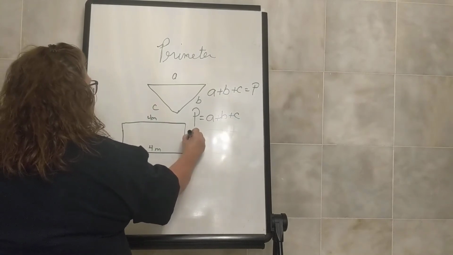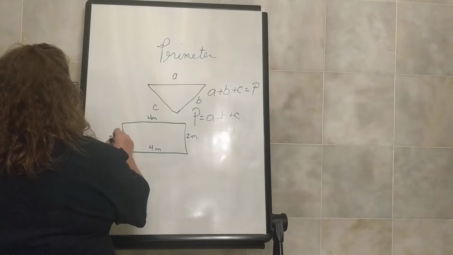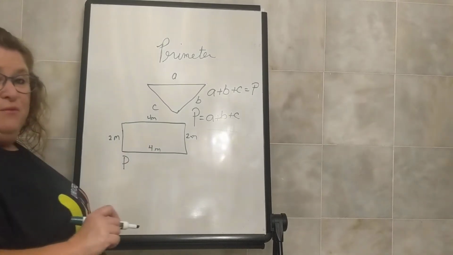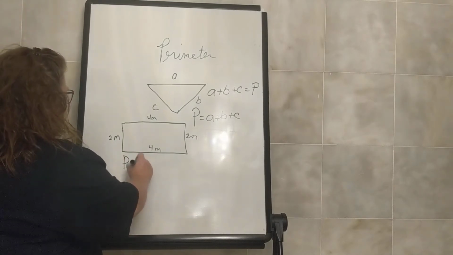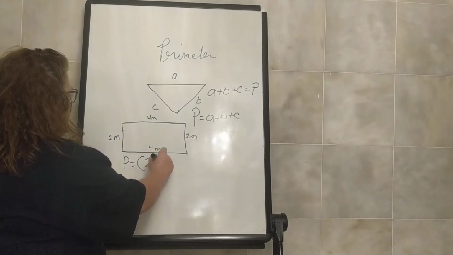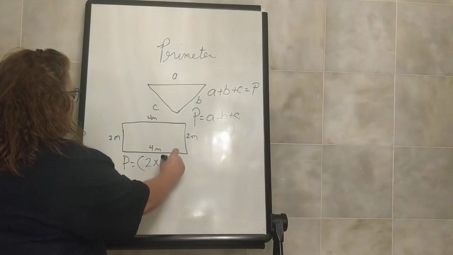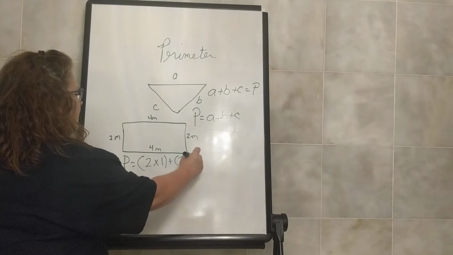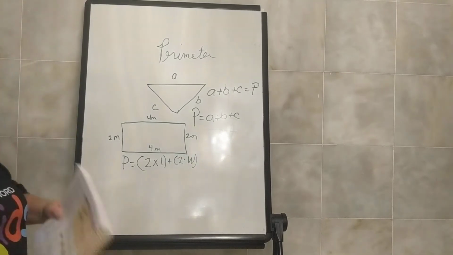If this were 2 meters, then this side would obviously be 2 meters. So the formula for finding the perimeter of a rectangle is 2 times the length plus 2 times the width.